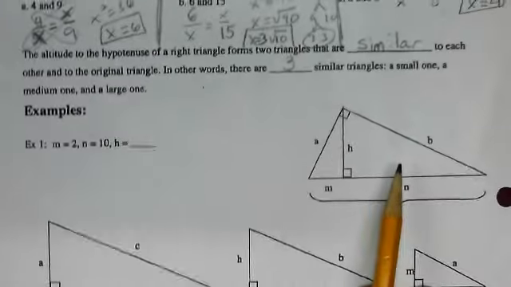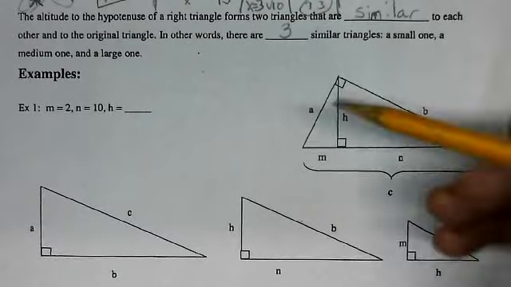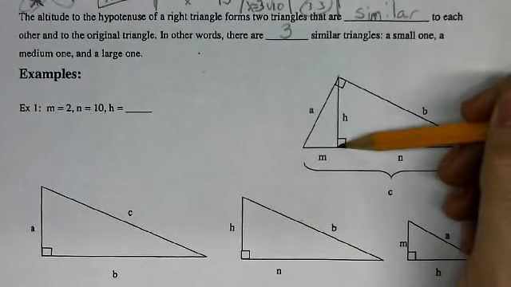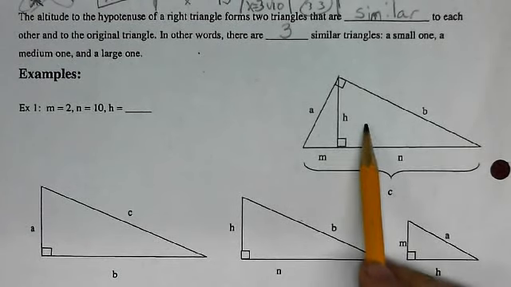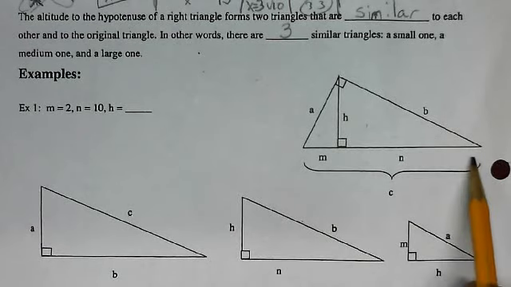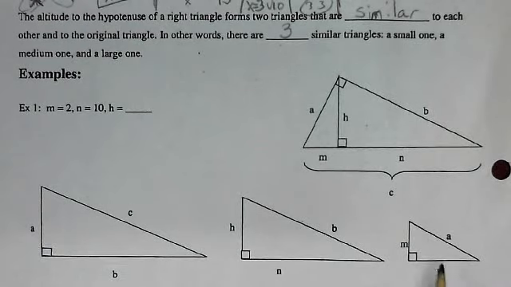Now the reason this is called the geometric mean is because of the following properties. If I had to take a right triangle and I do the altitude from that right angle to the hypotenuse, I'm going to create two similar triangles that are actually similar to the original triangle. So I'm basically creating three similar triangles: a small, a medium, and a large.